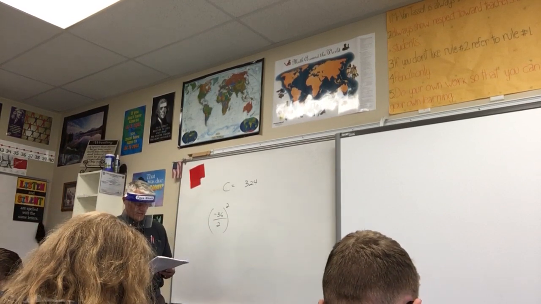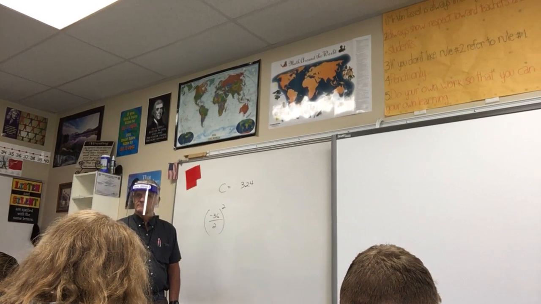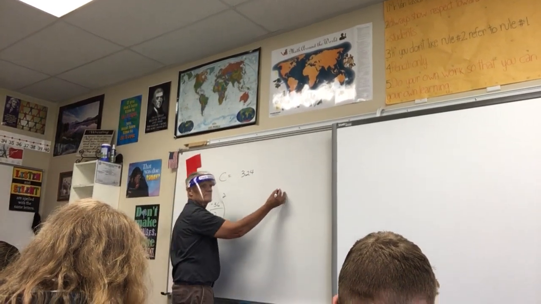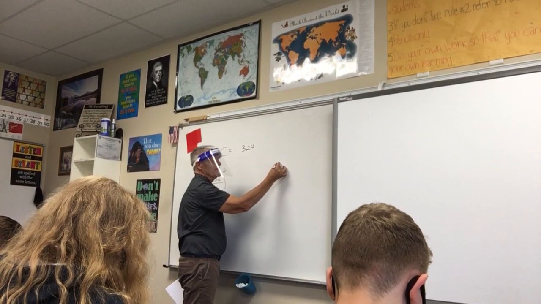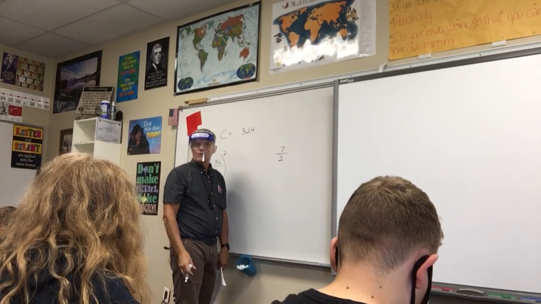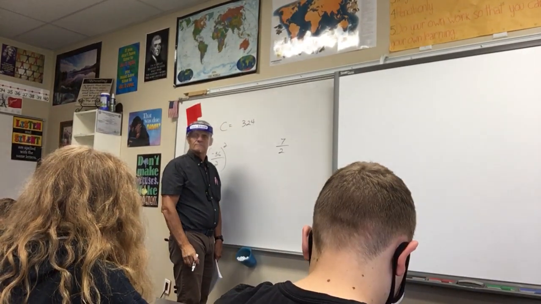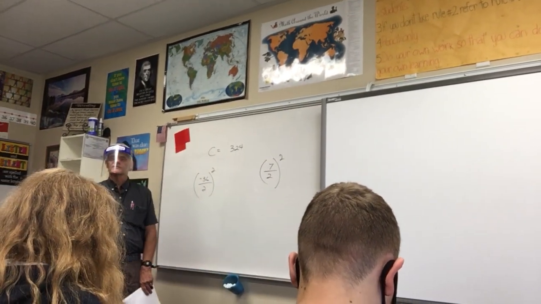Okay, let's go down to number 7. What's my coefficient? It's 7, so I have to divide that by 2, or times it by 1/2, the same thing. Now square it. Sometimes they're fractions.